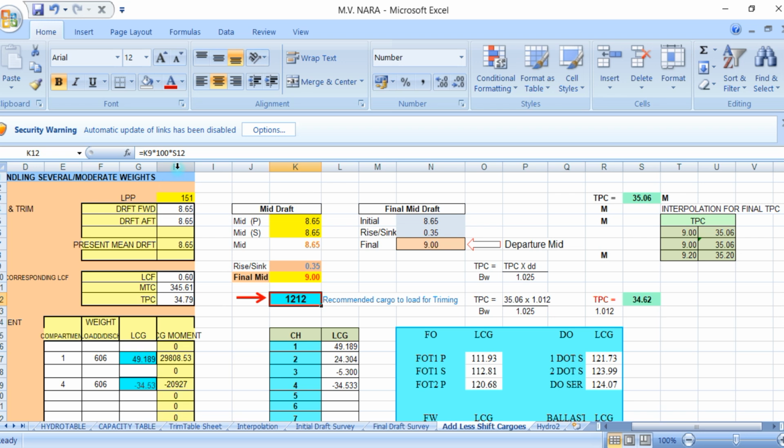So by computation, sinkage times 100 times your TPC, you get 1,212.